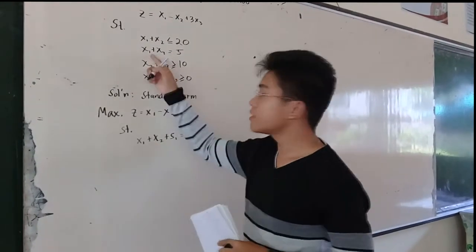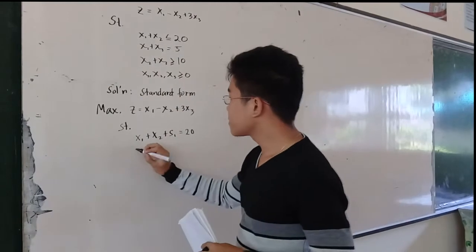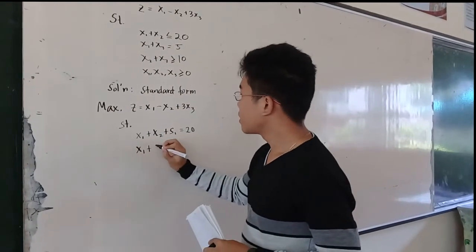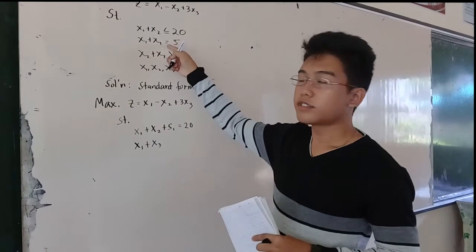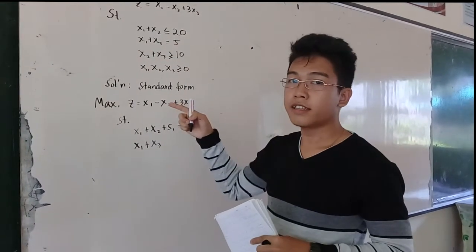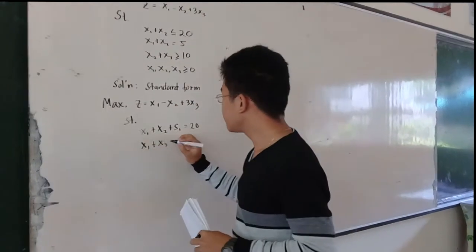And for the second constraint, you can notice that it has an equal sign, so we must add an artificial variable.